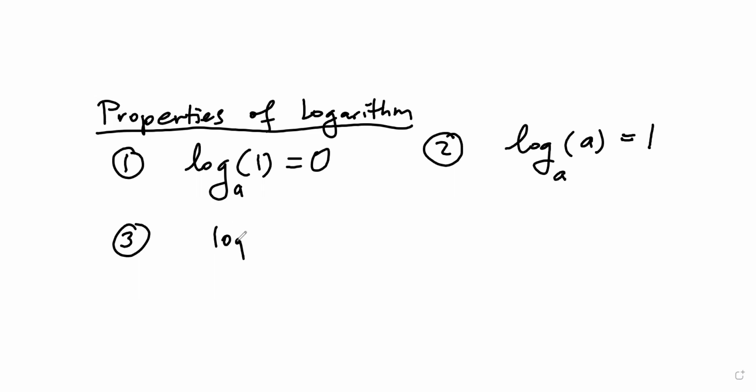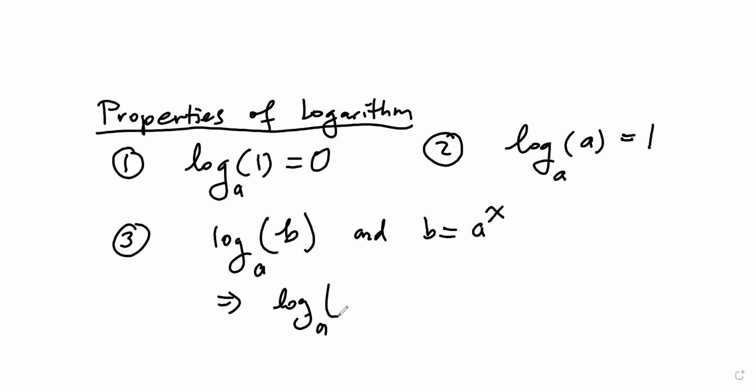Okay, and then we also talked about this. If you have a base a, and the number inside can be expressed as an exponent with the same base as the base of the logarithm, then we said that log base a of a to the x will be equal to x.